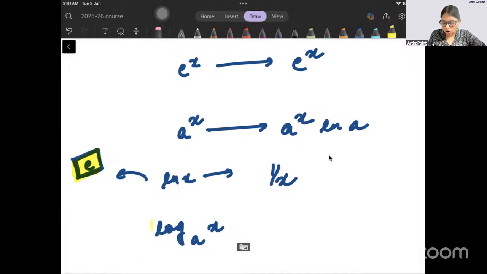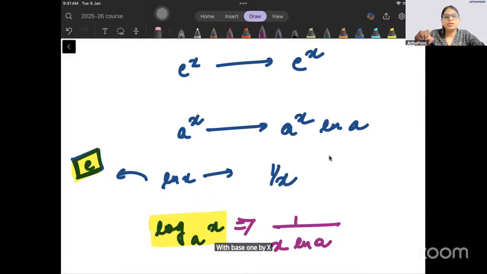But if I have log x with base a, then this will be 1 by x ln a, right? So these are some of the derivatives that you should know.